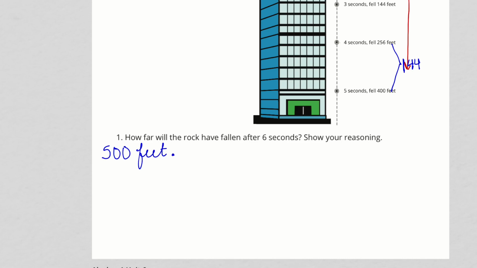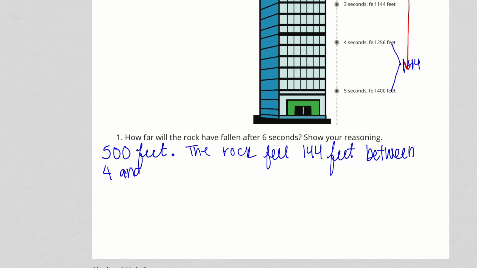So our explanation would be that the rock fell 144 feet between 4 and 5 seconds. I swear some math problems you don't even need math, you just need common sense.